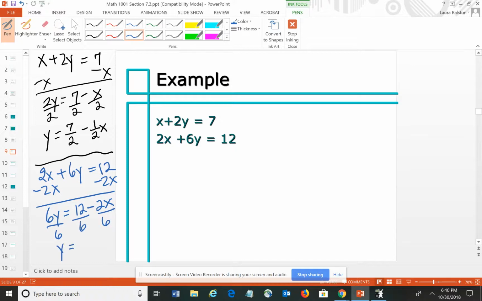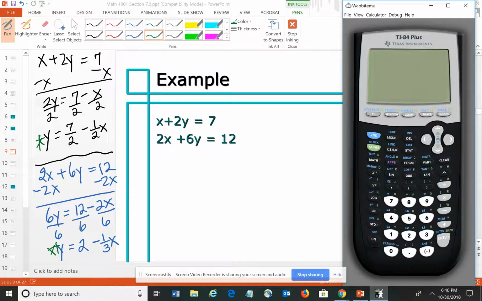Simplify, we have y equals 2 minus 1/3 x. And so once I have those two equations solved for y, I'm going to enter them into my graphing calculator. All right, so here we go.